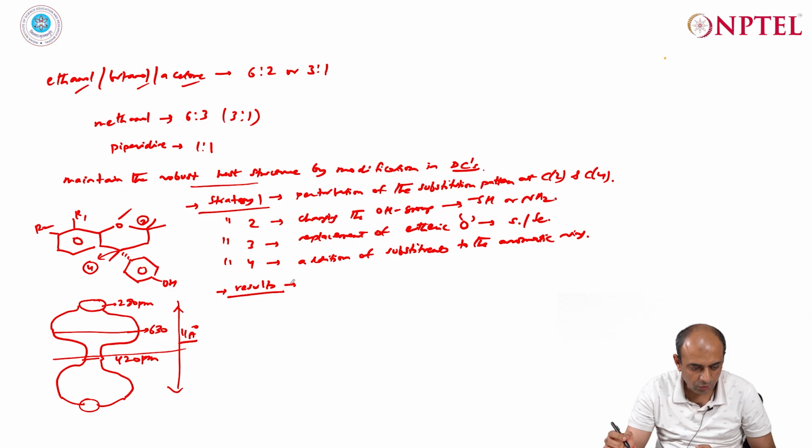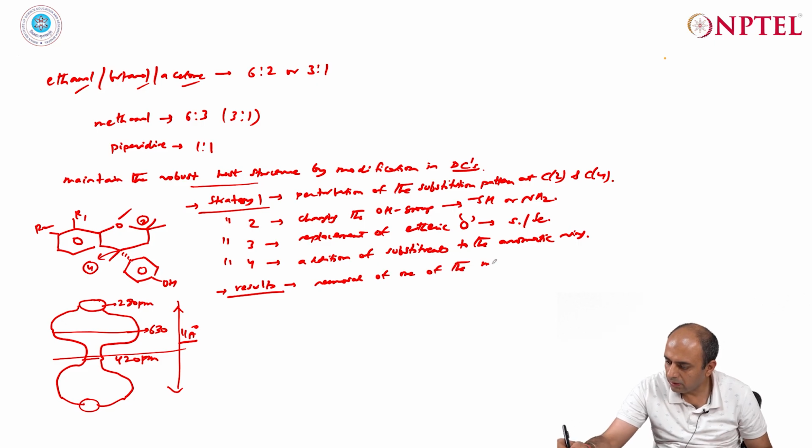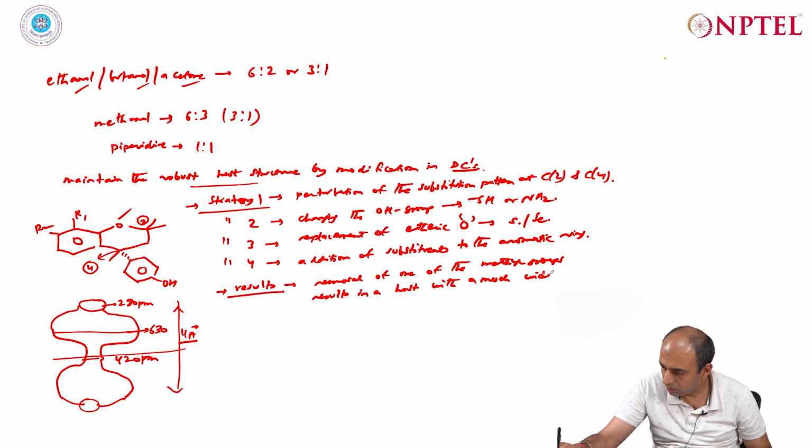If you change the substitution pattern, so instead of say methyl, you put ethyl or propyl or butyl, now according to the results of strategy 1, removal of one of the methyl groups results in a host with a much wider cavity.